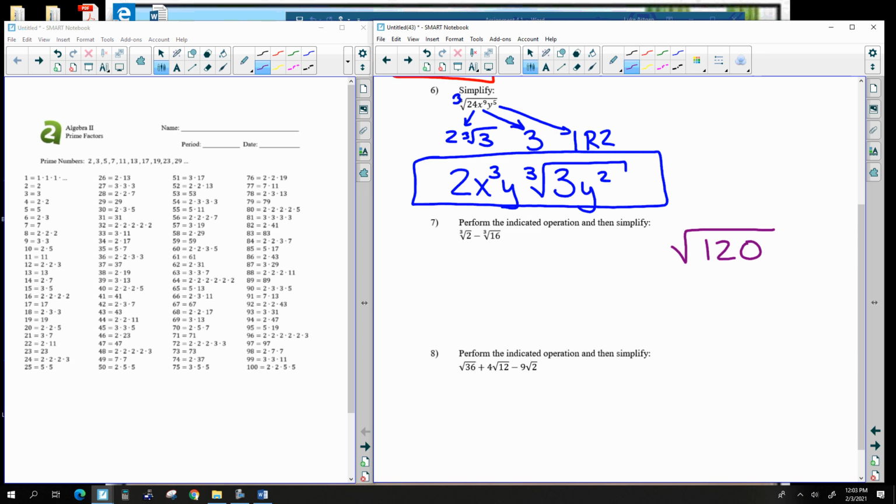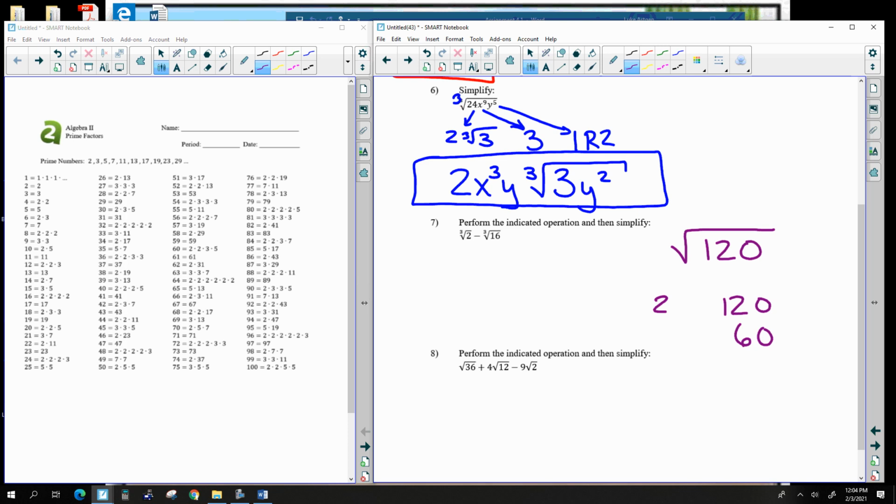Chances are you can start the process the way that I showed you earlier. I see that 120 is an even number, so I'm able to take out a 2. And through simple mathematics, it turns into the number 60.